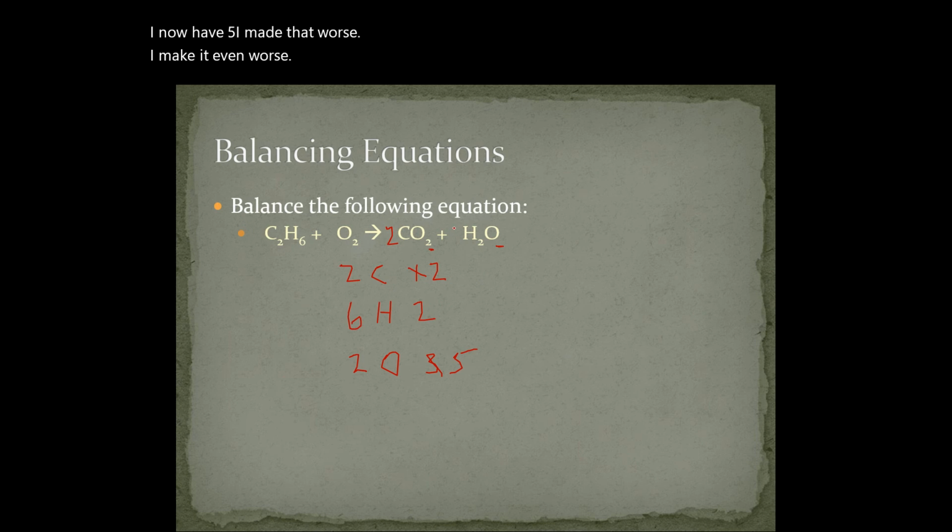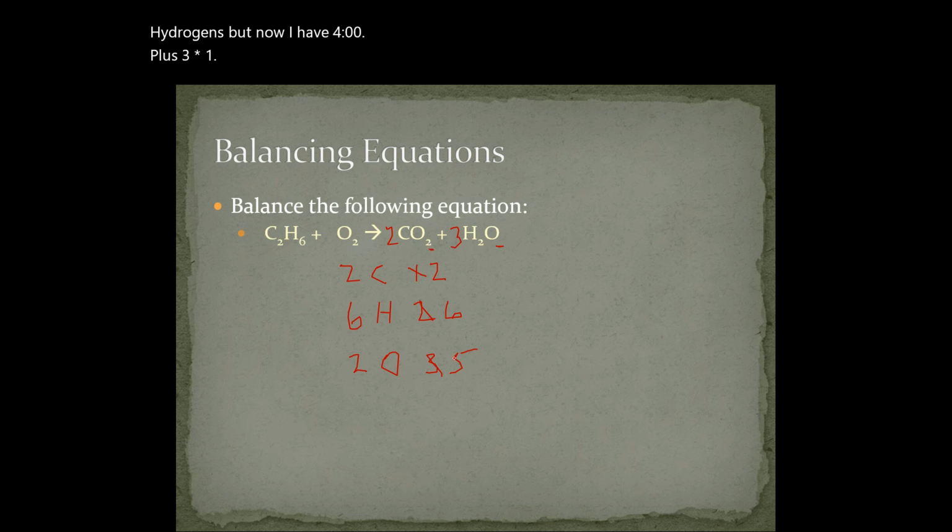Let me make it even worse. If I put a 3 in front of the water, now I have 6 hydrogens. But now I have 4 plus 3 times 1, 3.